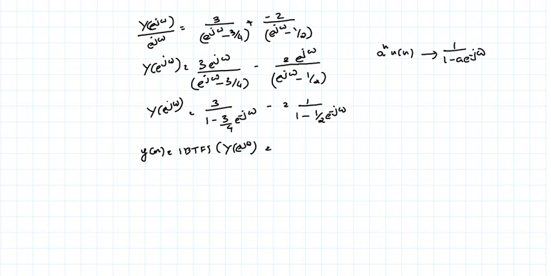So it becomes 3 into (3 by 4) the whole raised to n into u of n minus 2 into (1 by 2) the whole raised to n into u of n.